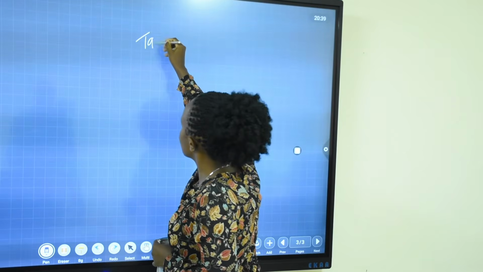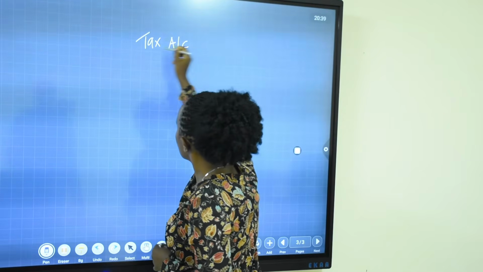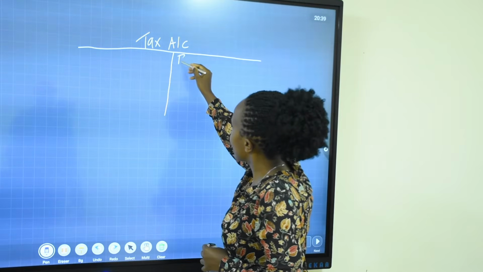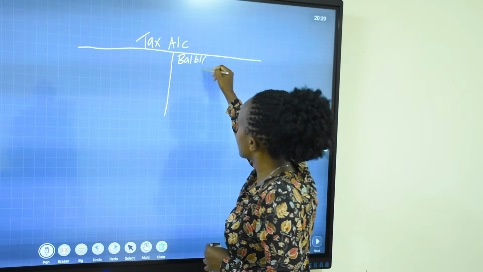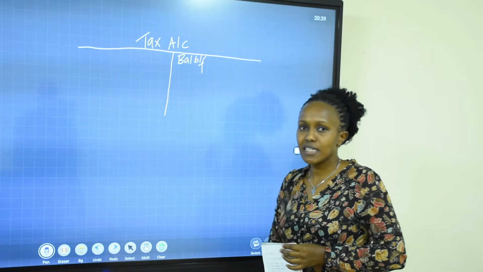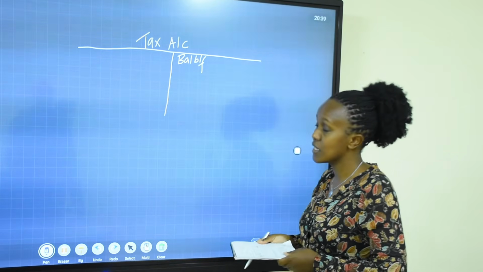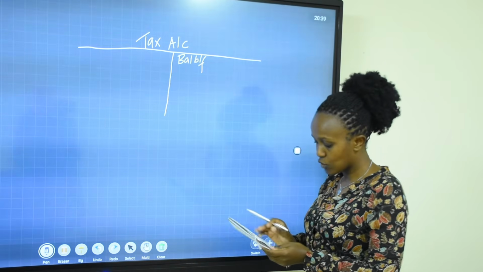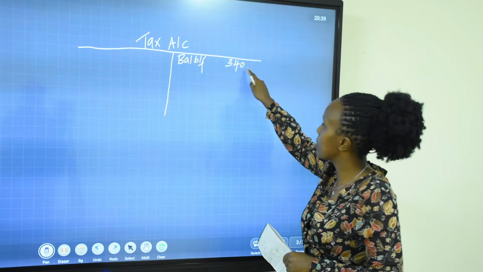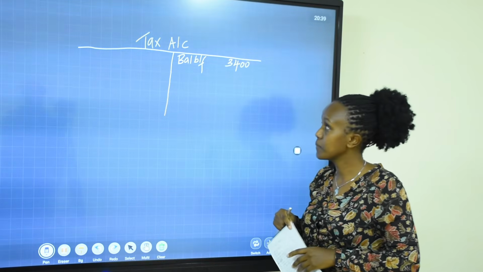We are going to open a tax account. Because there are so many issues about tax, we saw that at the beginning of the year there was a payable tax that had not been paid, which was 3,400. That is the balance given on 2016.